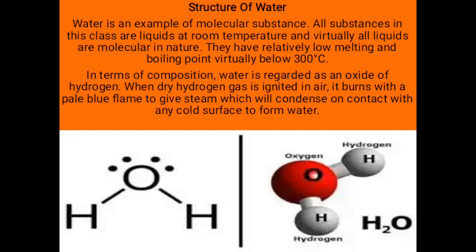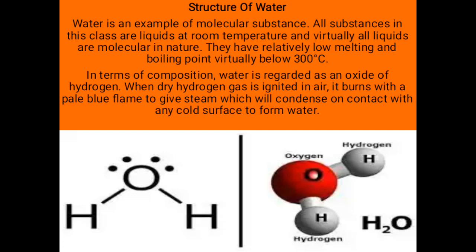When dry hydrogen gas is ignited in air, it burns with a pale blue flame to give steam, which will condense on contact with any cold surface to form water. What is the structure of water? That is it, molecular.